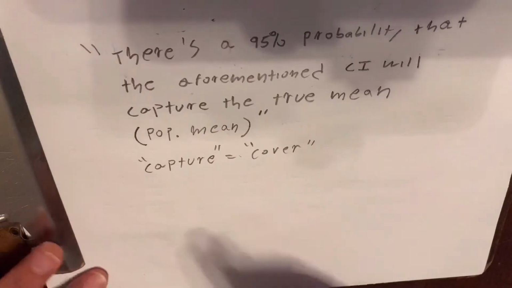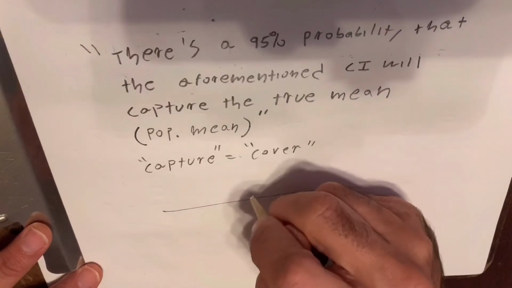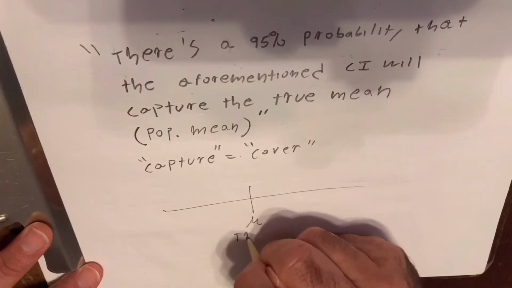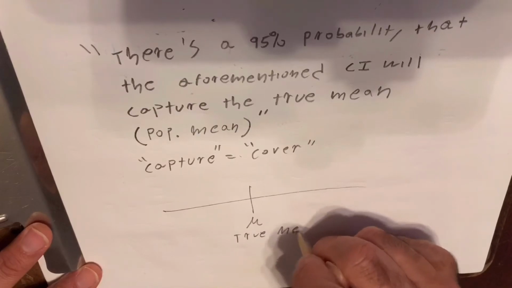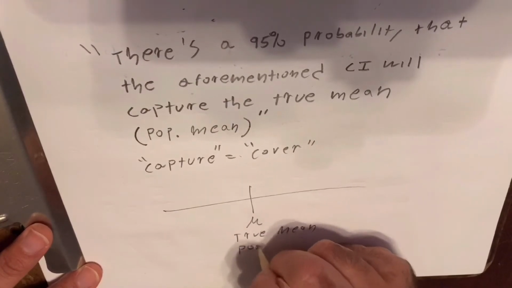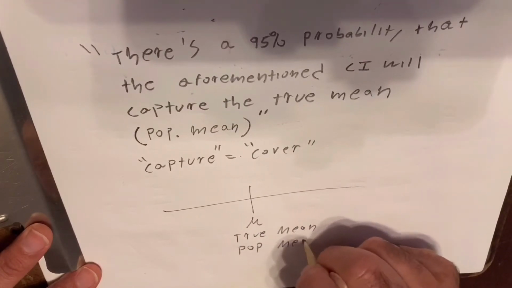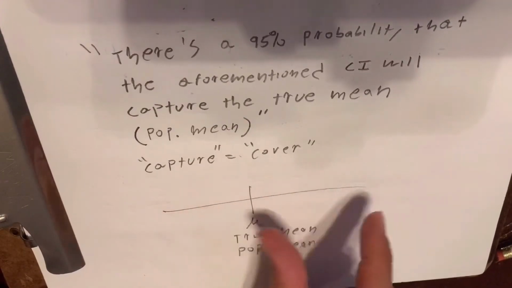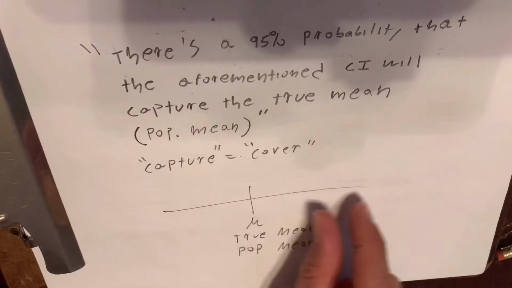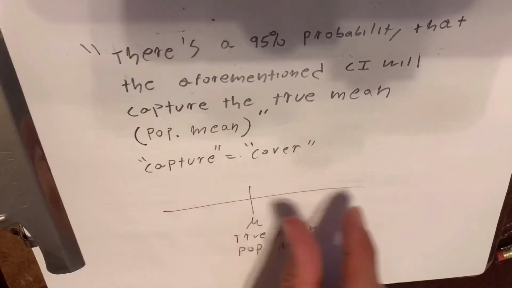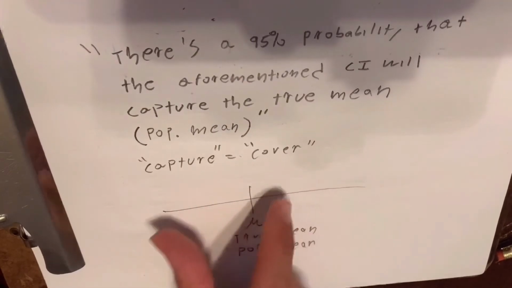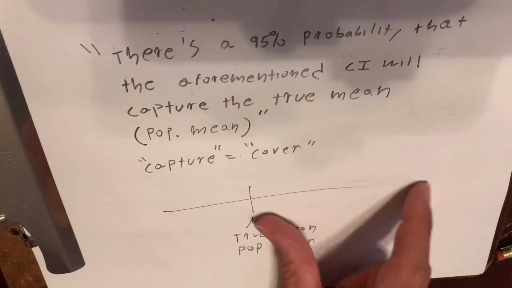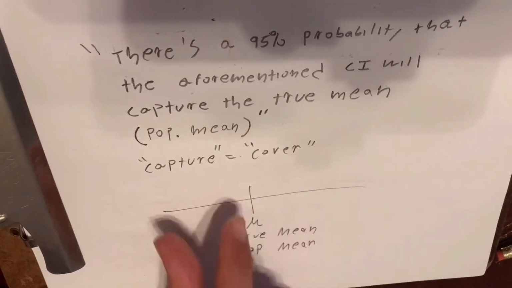And if you looked at this, somewhere is the true mean, also known as the population mean. And we'd be getting confidence intervals that'll be moving around. Some will be larger, some will be smaller. They'll be moving around as you repeat this experiment over and over again and collect different data. And this is the idea.